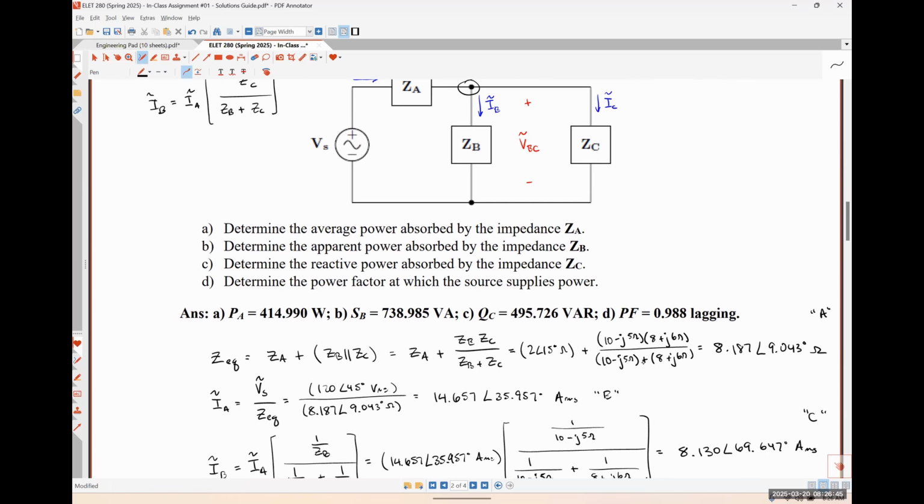So what I want us to see really quickly is if we take the relationship that SA is going to be the magnitude of IA squared times ZA, do we get the exact same result as doing it the quote unquote long way that we did in class on Tuesday? Okay. So what would the magnitude of IA be?